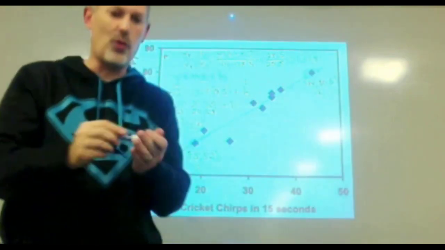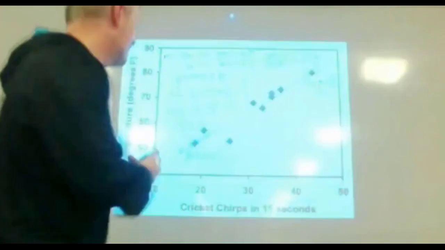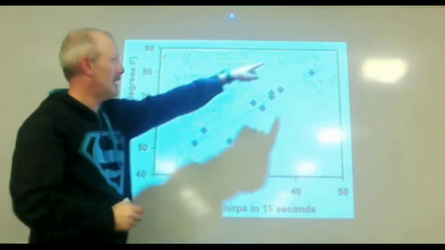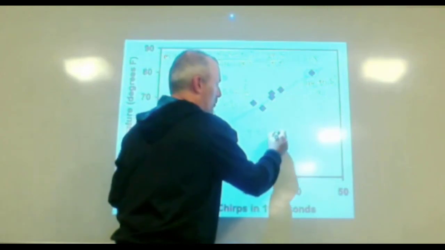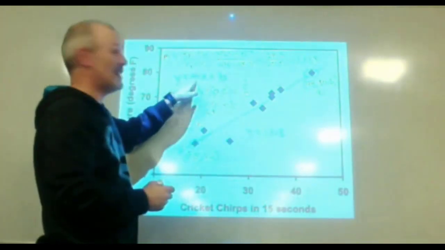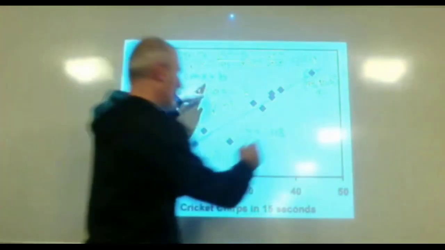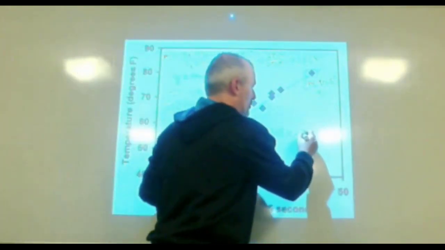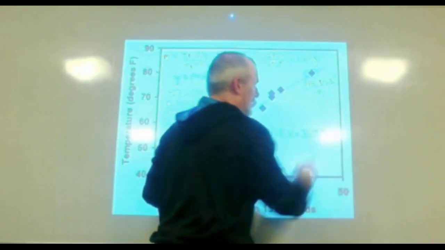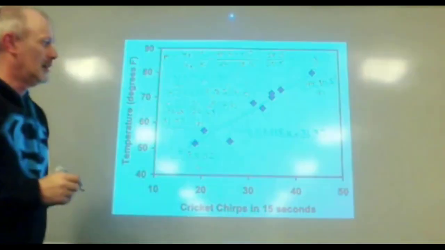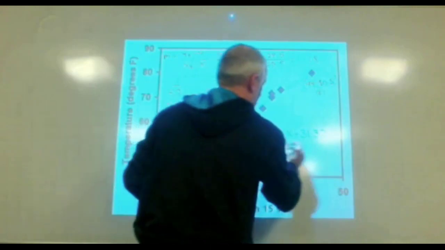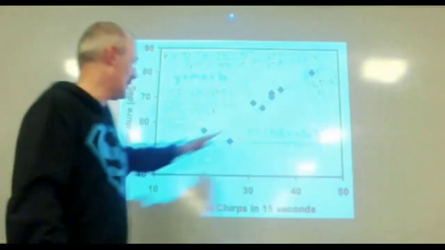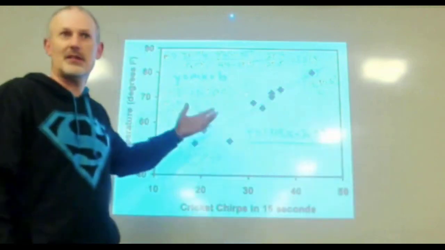So that means our equation is y equals 1.118 times x, plus b, and b is 31.32. Sorry. Okay, and that is our equation of this line that I attempted to draw to represent these points.